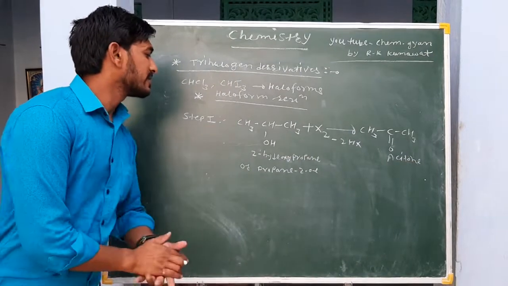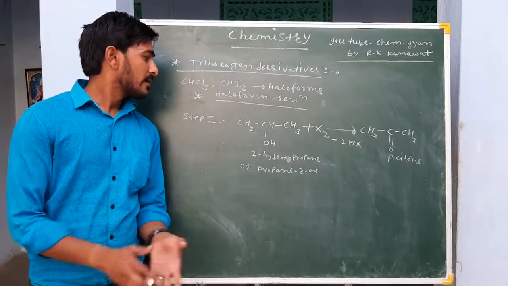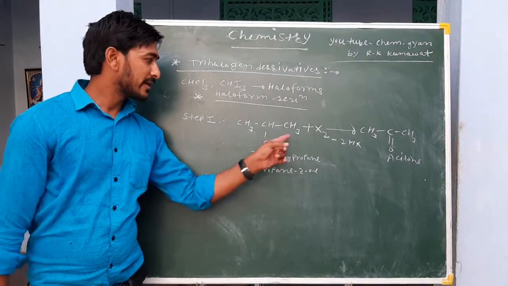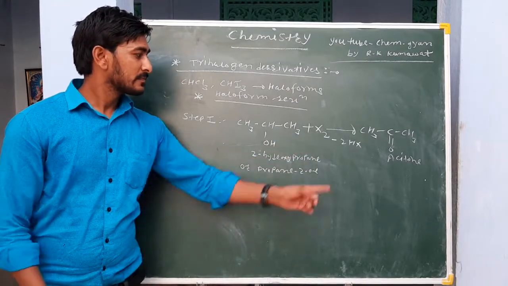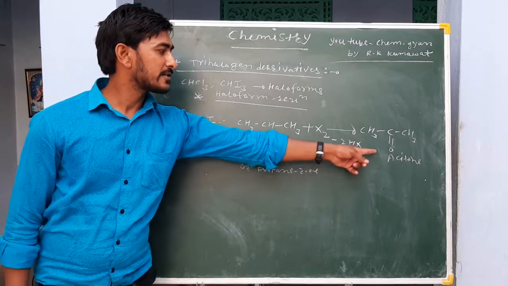In the first step, the alcohol reacts with halogen, hydrogen halide is removed, and acetone is formed.